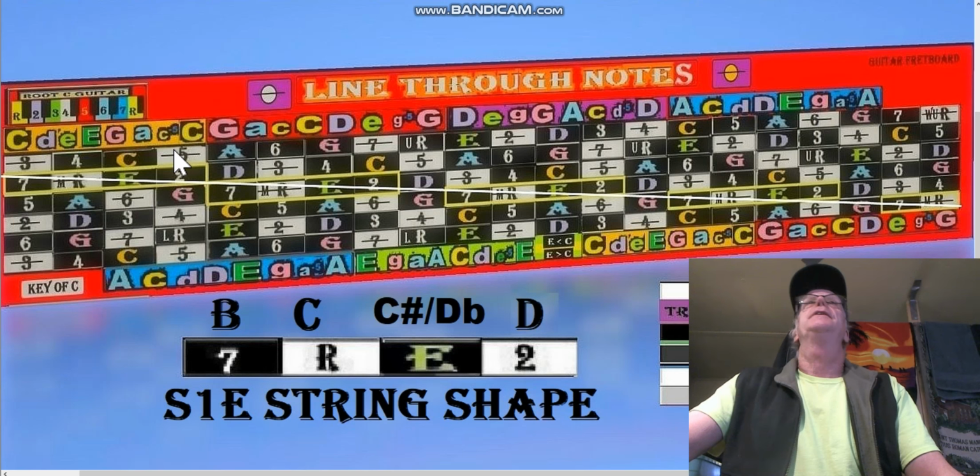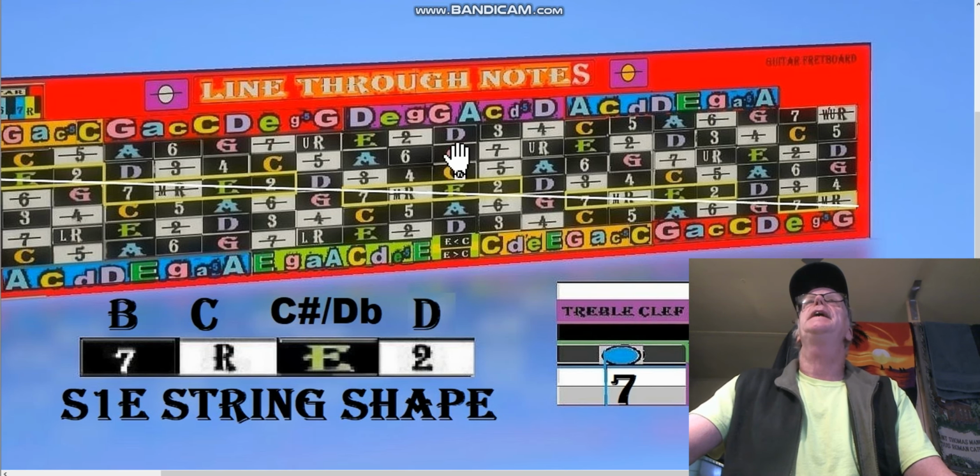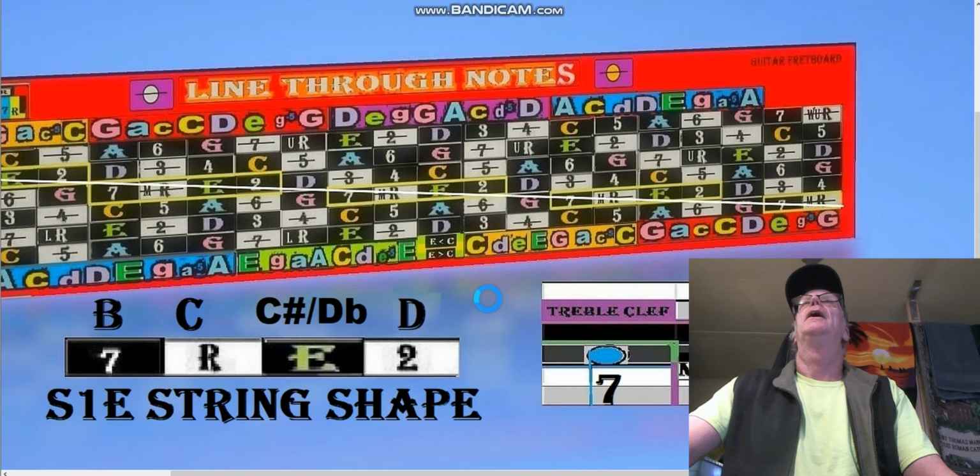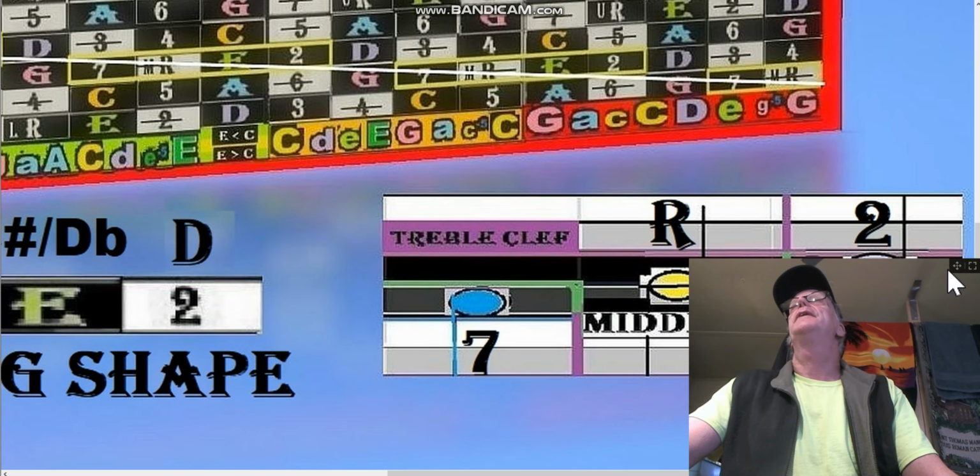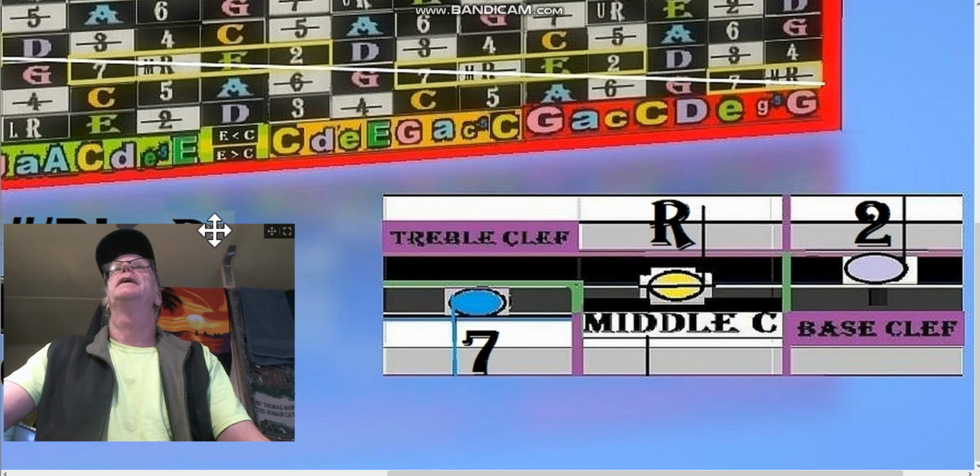So let's dig into this. If we draw a line through these E string shapes, we've got here B, C, C sharp, and D. In this case, we're looking at 7 root 2 in that E shape.